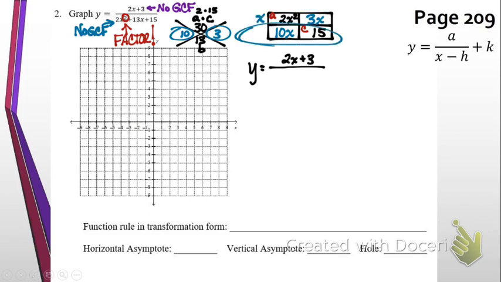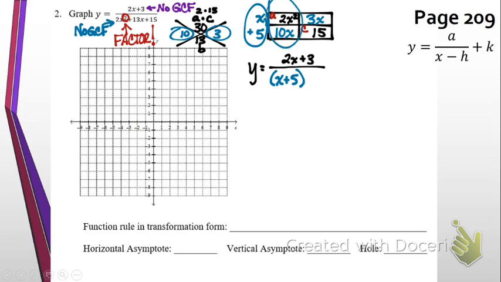What about 10x and 15? 5 goes into both. Positive or negative? This one's going to be positive. Why positive? Because the 10x is positive. So x plus 5 is one of the factors in my denominator.